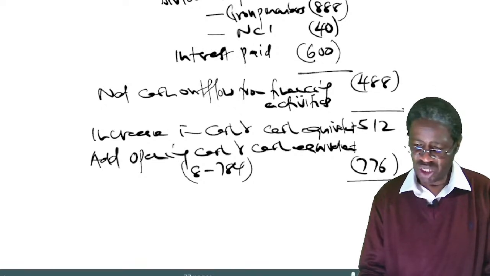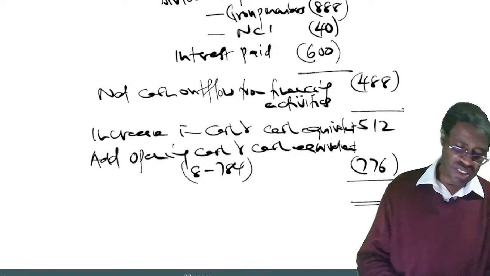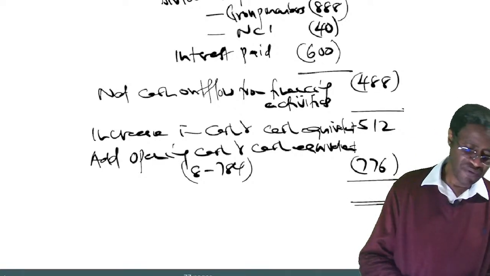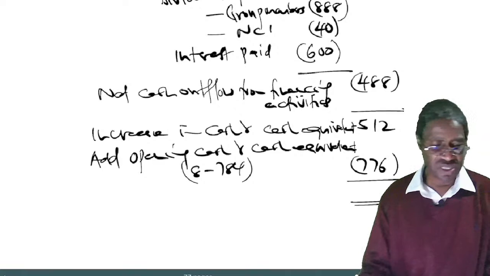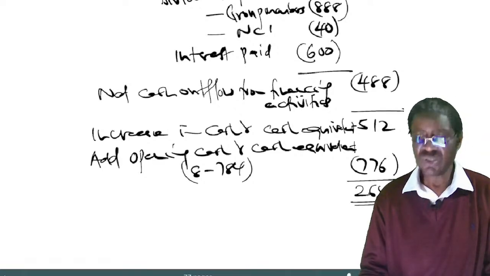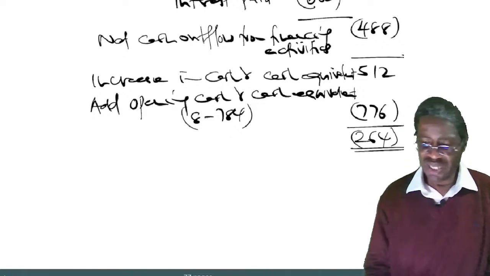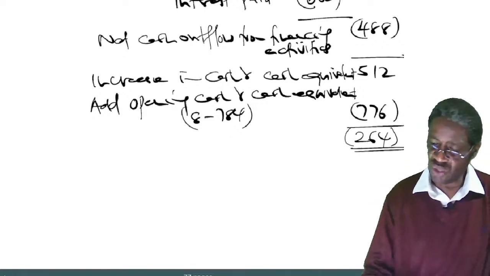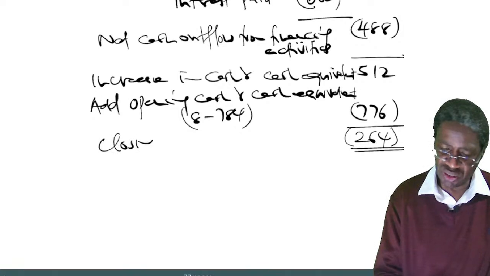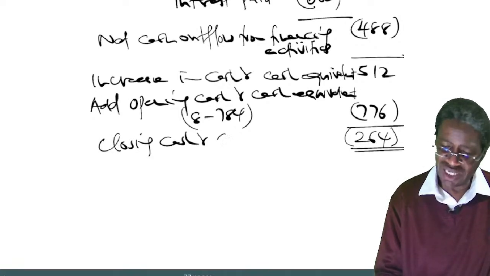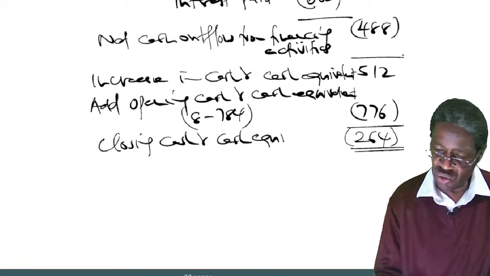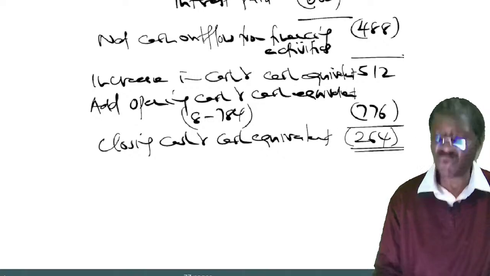I minus that from 512. I am getting negative 264. That 264 is what we are calling closing cash and cash equivalent.